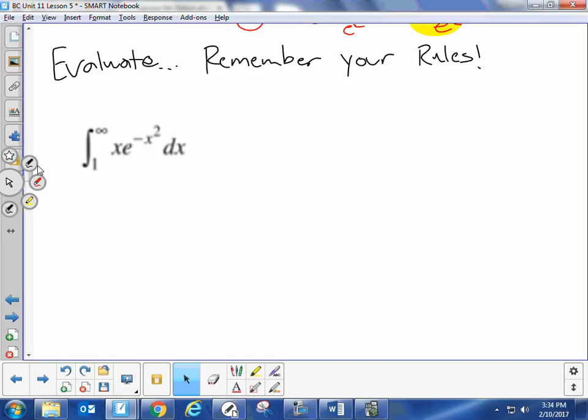What do we want, u-dv or u-substitution? Because it's going to be one or the other, because this one's complicated. U. What are you setting u equal to, Ms. Pina? The negative x squared, because its derivative is a form of x, which means when we solve for dx, we'll be able to get rid of that x.